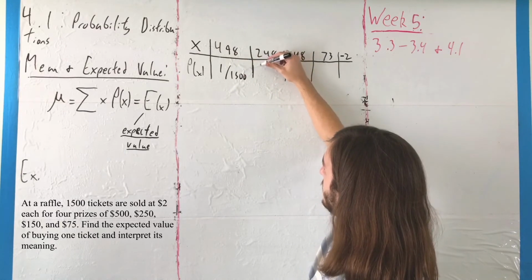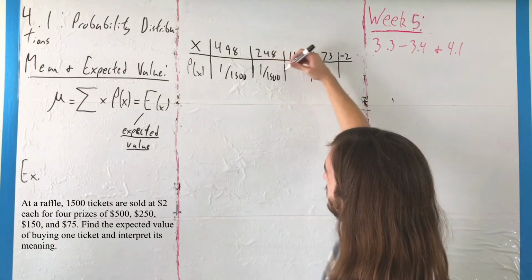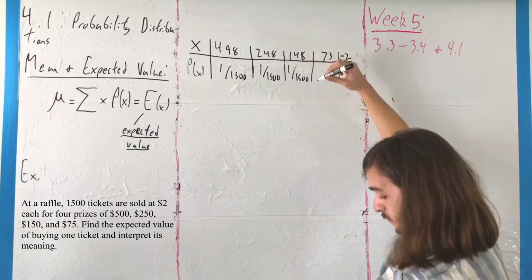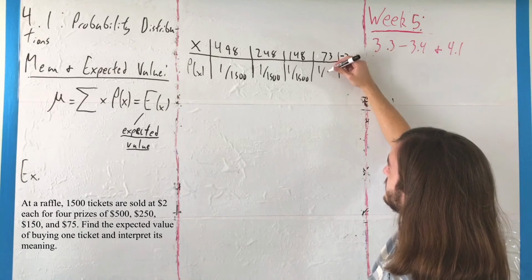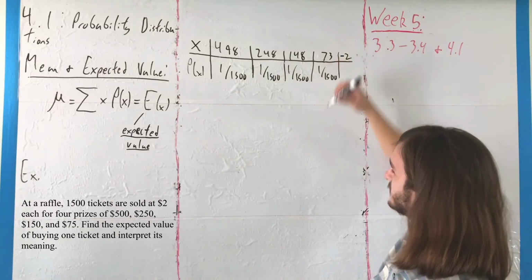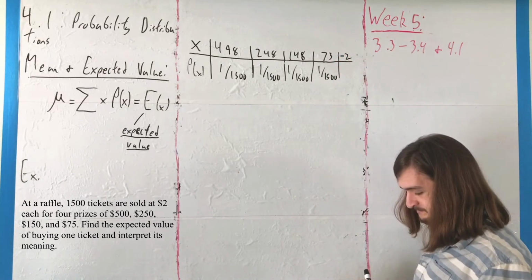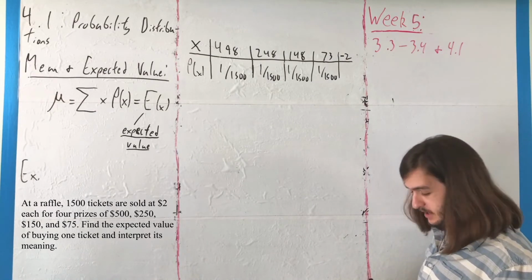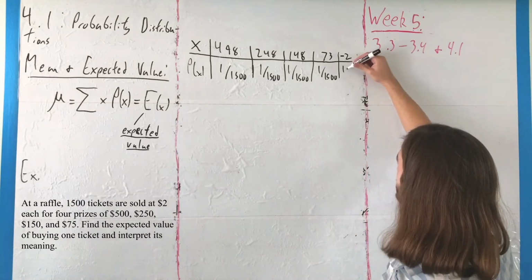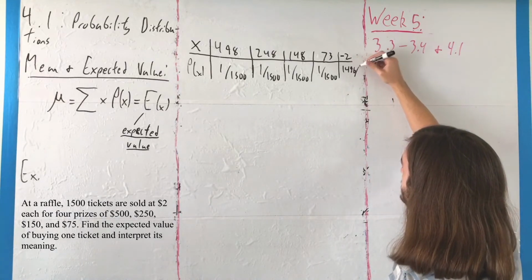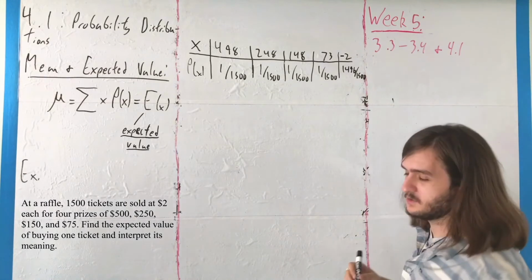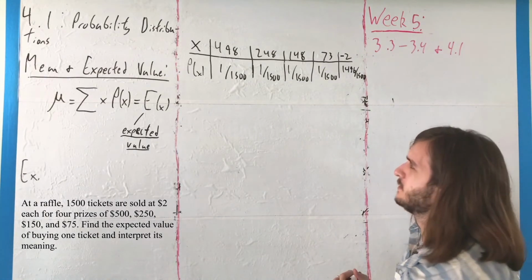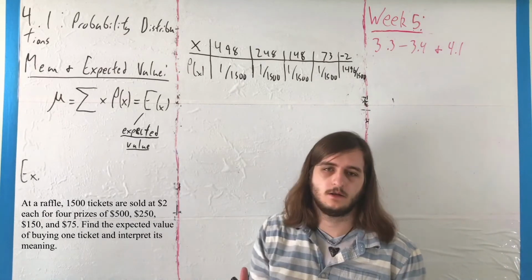For the $248, it's also 1 over 1,500. 148 occurs 1 over 1,500, and 73 occurs 1 over 1,500, where the last prize, the loser prize, as it were, occurs 1,496 times out of 1,500. The vast majority of people are losing. Otherwise, this raffle wouldn't make a whole lot of sense, because then it would just be a charity, wouldn't it?